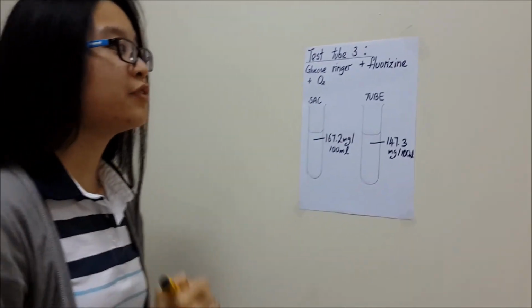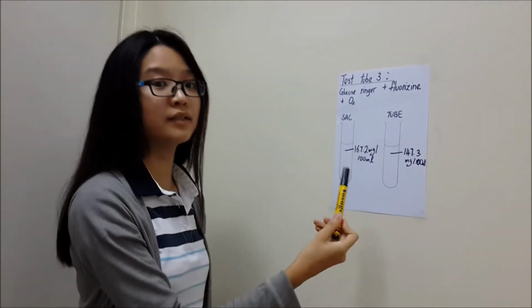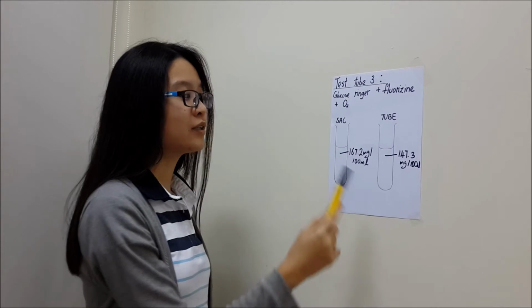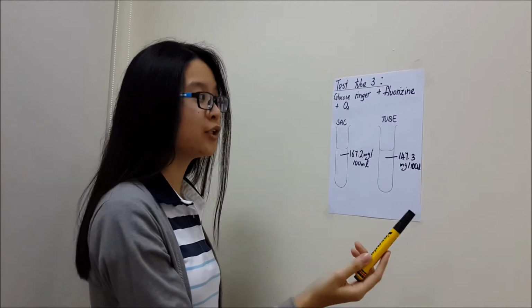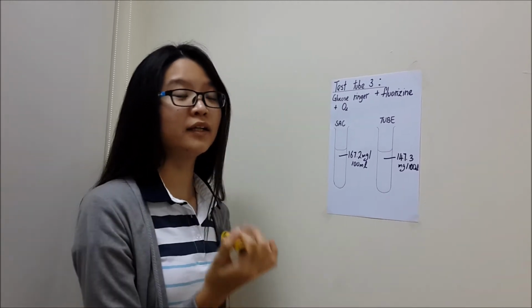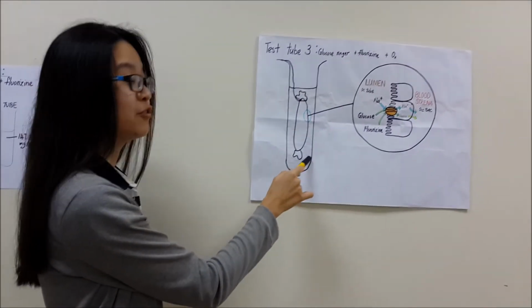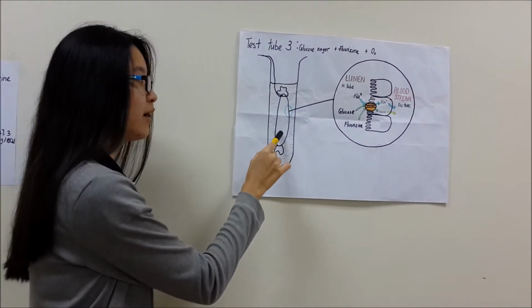From here we can see that the concentration of glucose in the sac is higher than the concentration of glucose in the tube. The difference shows that glucose is being transported from the tube into the sac.